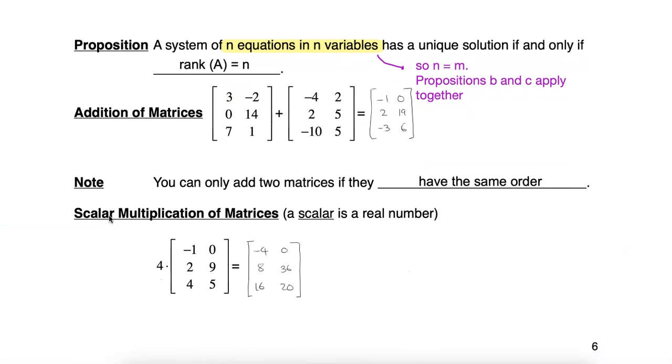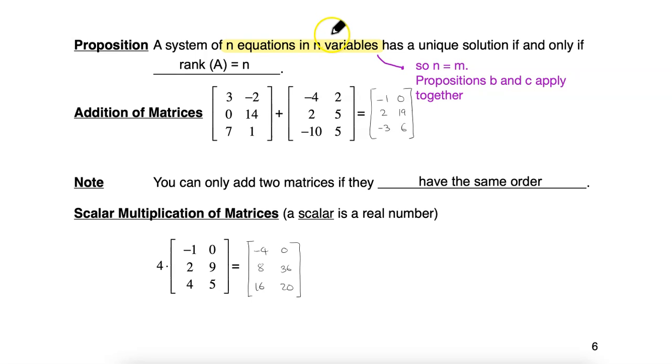So, let's move on to something that is a little bit more easy now, or we just need to conclude. A system of n equations in n variables has a unique solution if and only if rank A equals n. So think about a system of n equations and n variables.